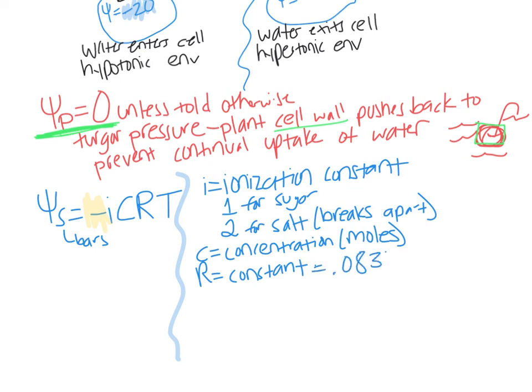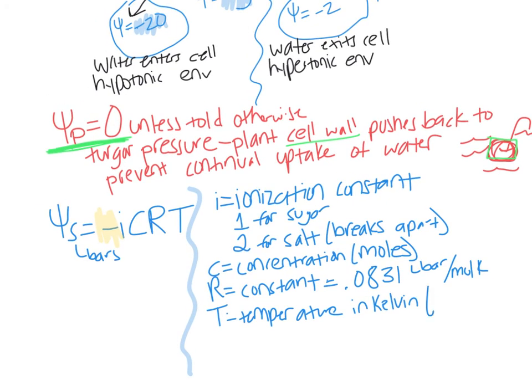It's always the same. The unit on that is liters bar per moles Kelvin, but 0.0831. And then T represents temperature, and it is temperature in Kelvin, which to find, you do the degrees Celsius plus 273.